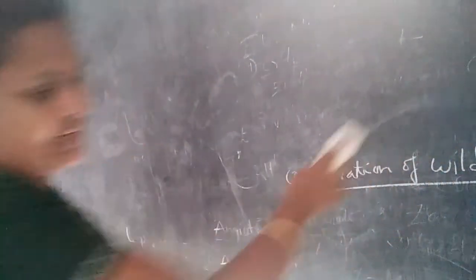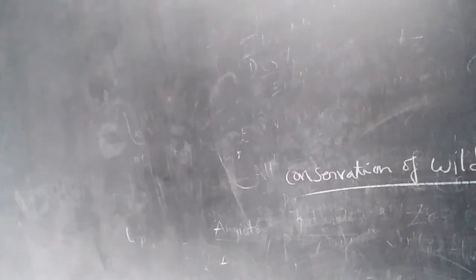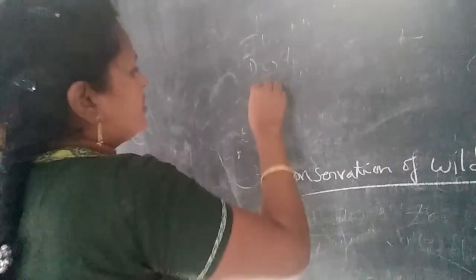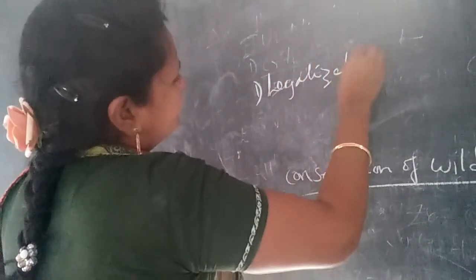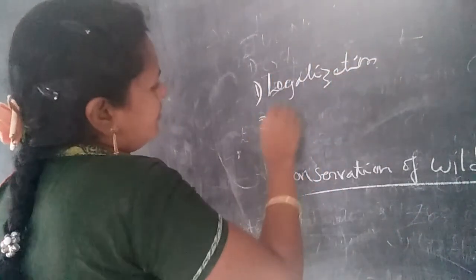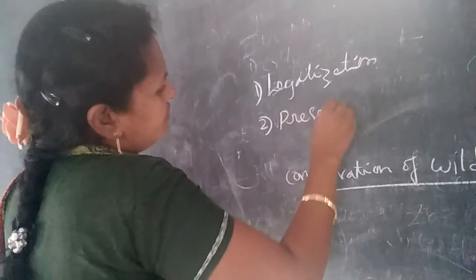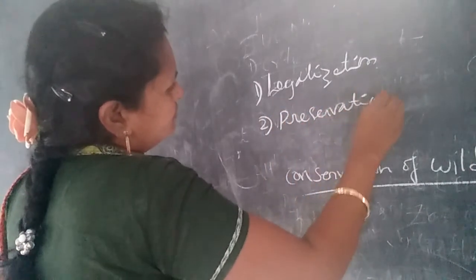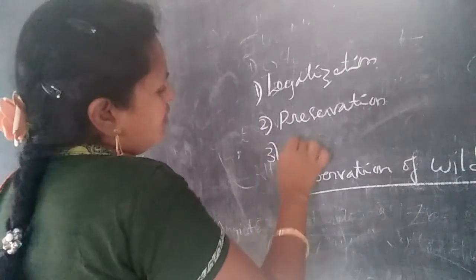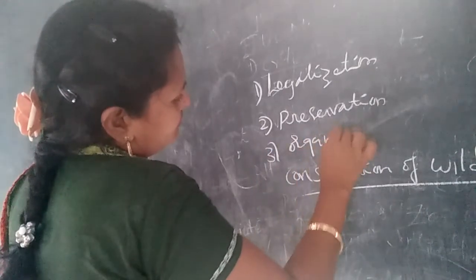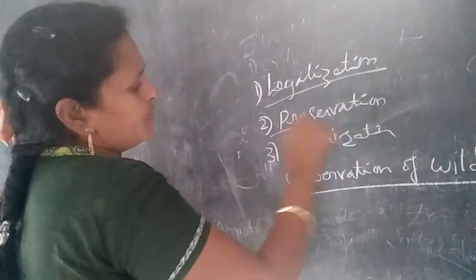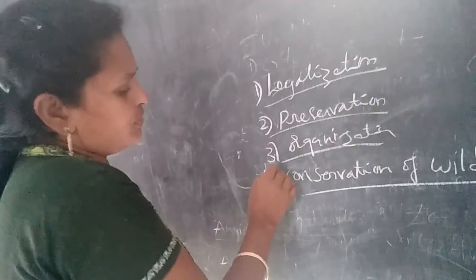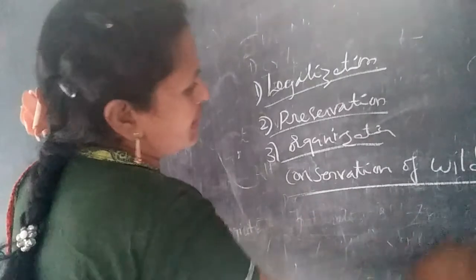First one, legislation. Second one, preservation. And third one, organization.